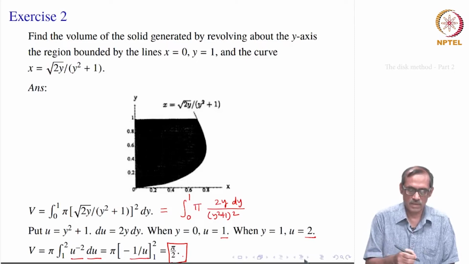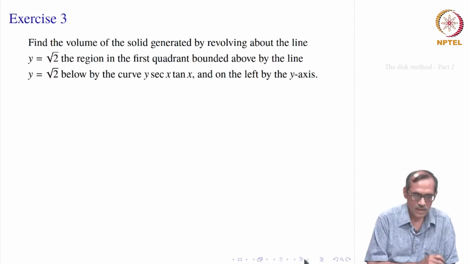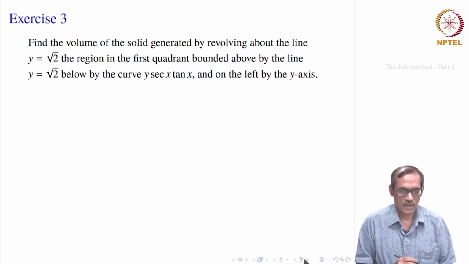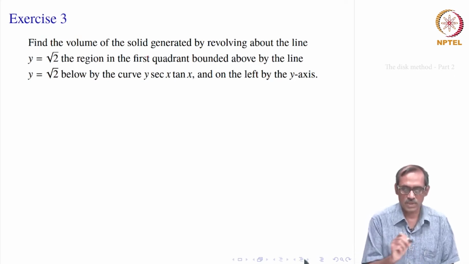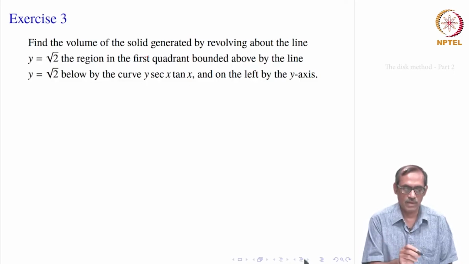So, this is how we will be proceeding. Let us take maybe one more problem. Here we want to find the volume of the solid generated by revolving about the line y equal to root 2. It is not an axis, it is another line, y equal to root 2. And what do we revolve?